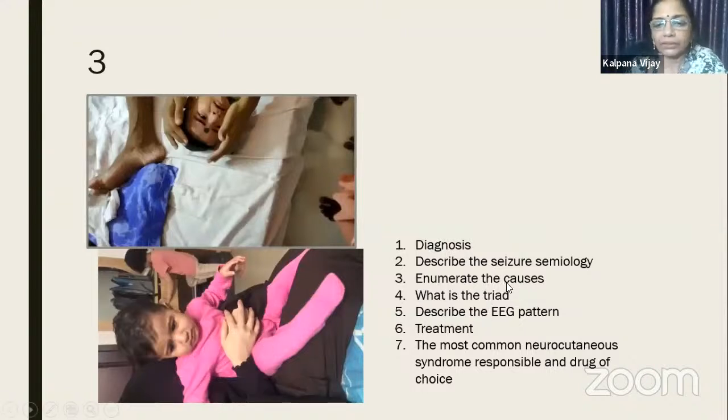And enumerate the causes. What can be the causes of West syndrome? We mention more causes. Tuberous sclerosis is mentioned, but that is one of the causes.